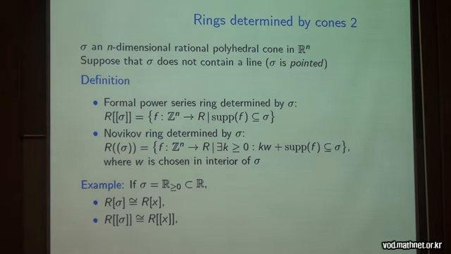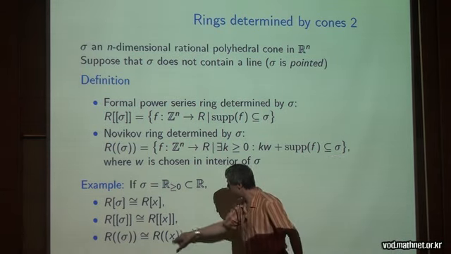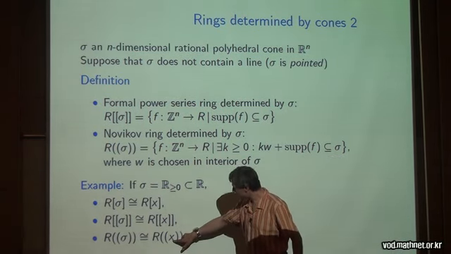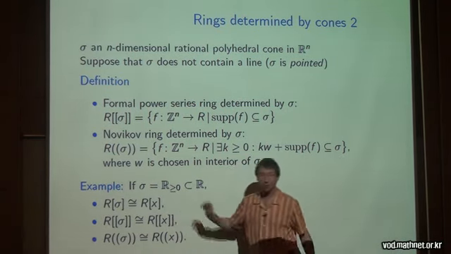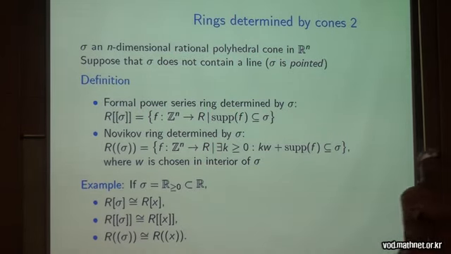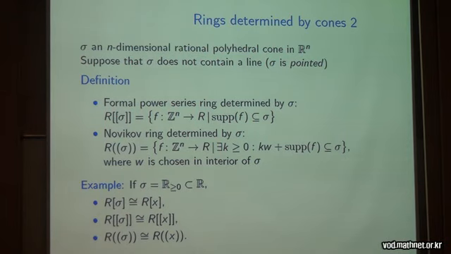This funny Novikov construction tells you you have support somewhere in Z, but if you shift finitely often in the positive direction, you end up in the first half line. So that's precisely what is usually called the Novikov ring R of double parenthesis x. This is a localization of the power series ring by x. So it's formal power series which have finitely many negative exponents of x appearing, but possibly infinitely many positive exponents.